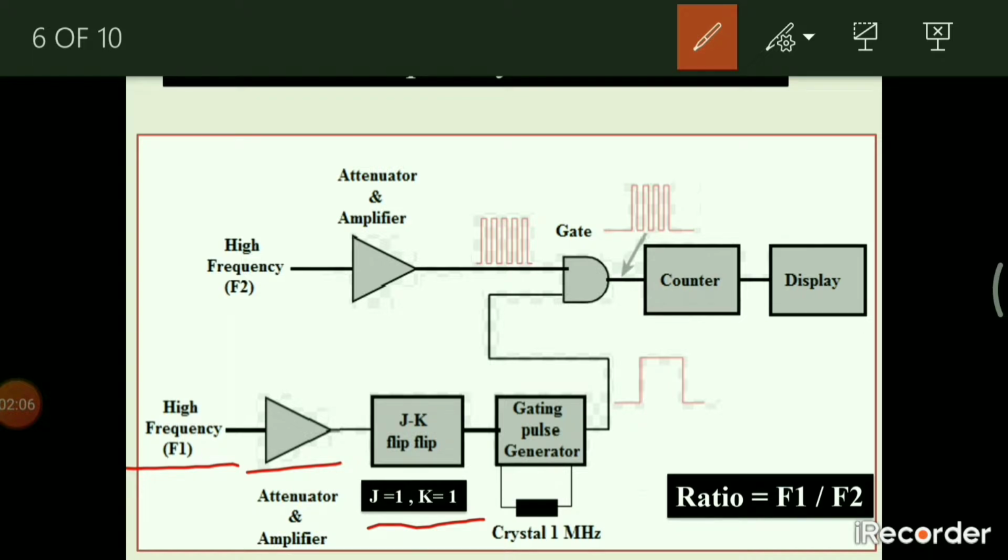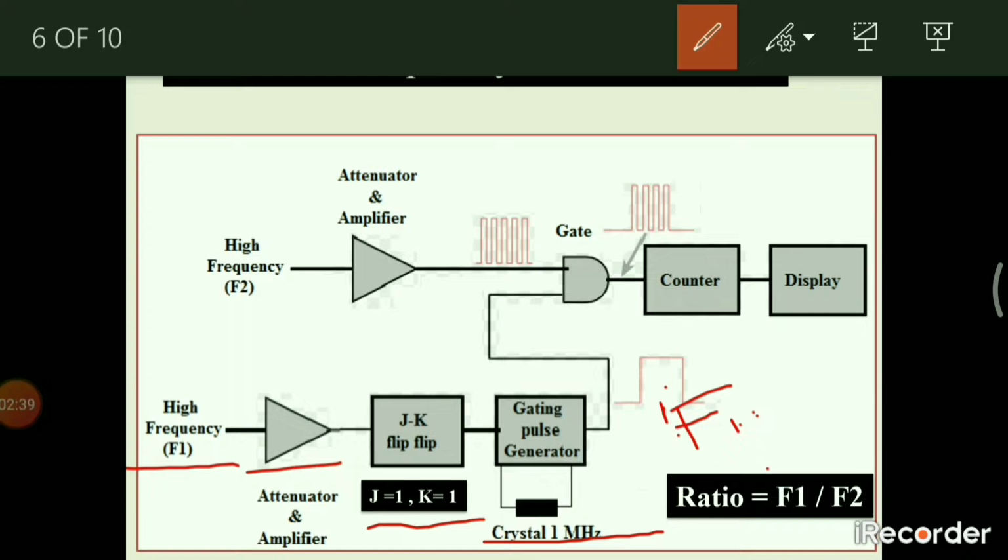Then the output from the JK flip-flop is given to a gating pulse generator with a crystal of 1 megahertz frequency. Whatever the output from this, we will get F1.